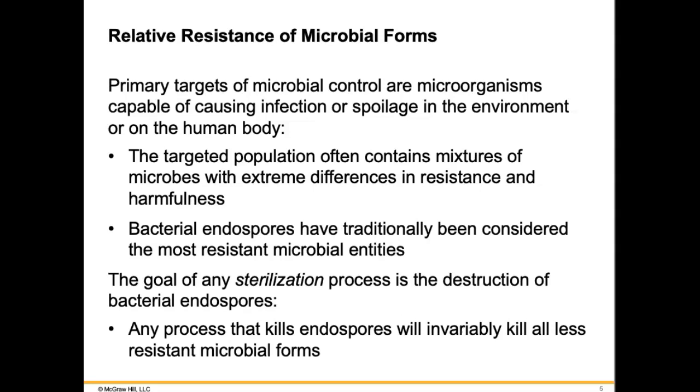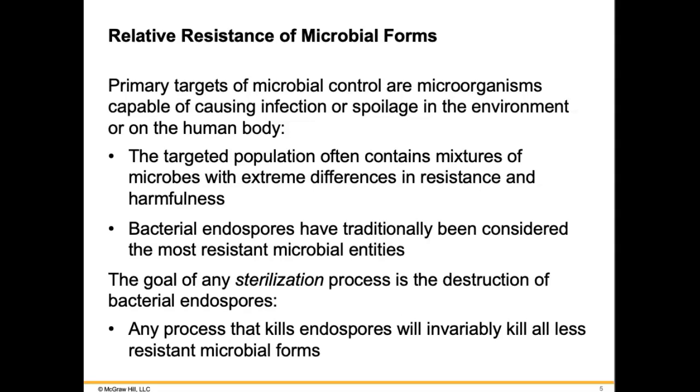So if you can kill the endospores, then everything that falls underneath endospores, which is everything else, will also be taken care of. The goal of any sterilization process is the destruction of the bacterial endospores. Any process that kills the endospore will kill all less resistant forms because the endospore is the most resistant.